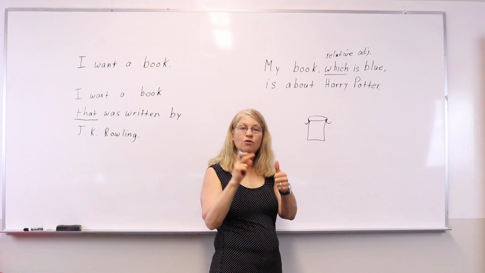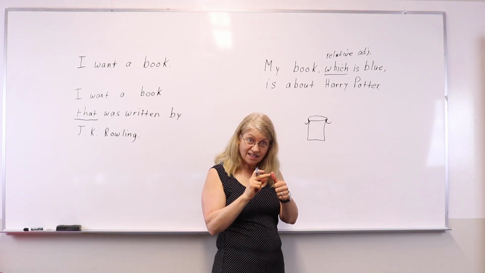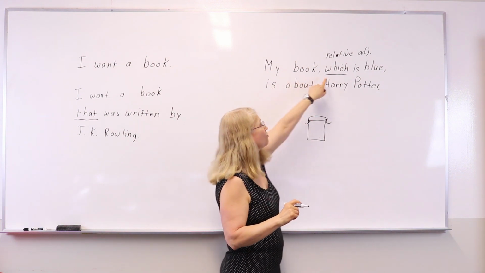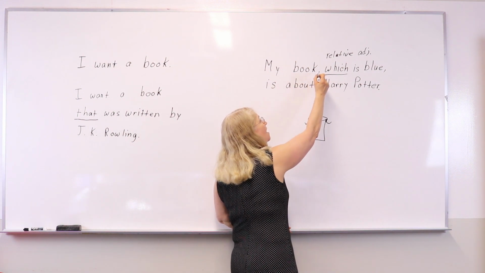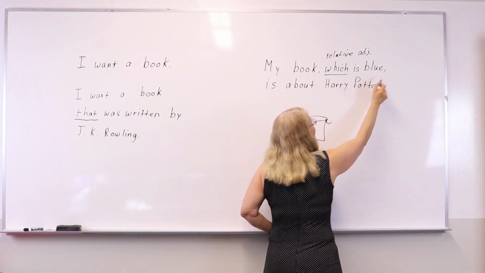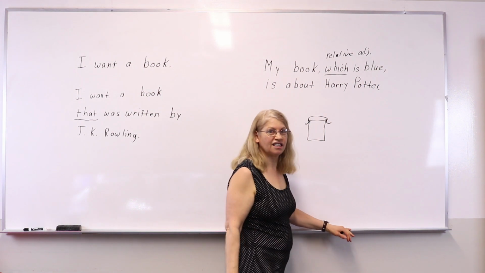Now, let's take a look at how do we know when something's non-essential? Number one, you always use the relative adjective which, in this case it's right here, and you also use commas before the clause and after the clause is finished.